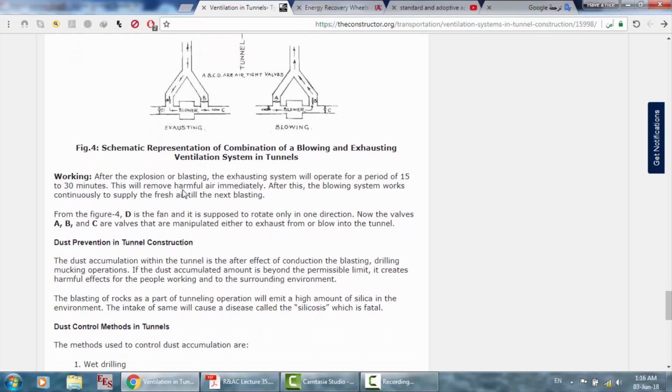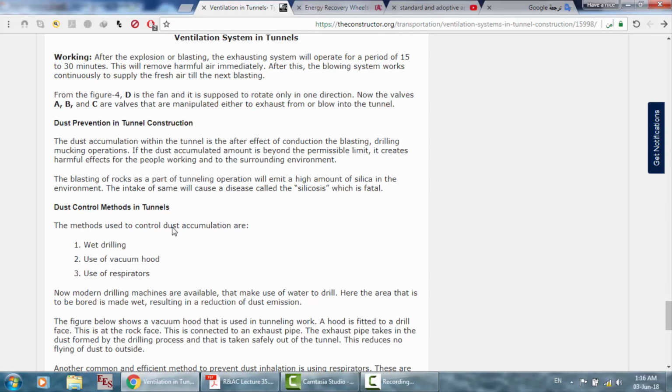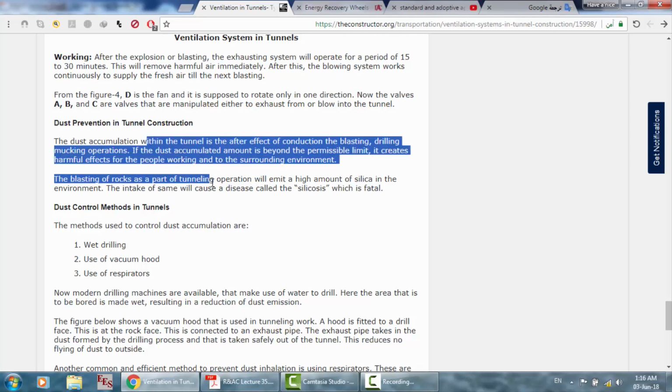Also, we have here dust prevention in tunnel construction. You have to prevent dust. Dust accumulation within the tunnel is the after effect of blasting, drilling, and mucking operations. If the accumulated dust amount is beyond the permissible limit, it creates harmful effects for the people working and for the surrounding environment.